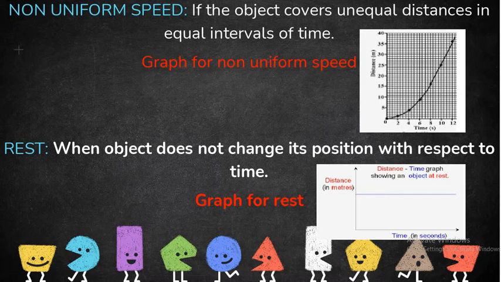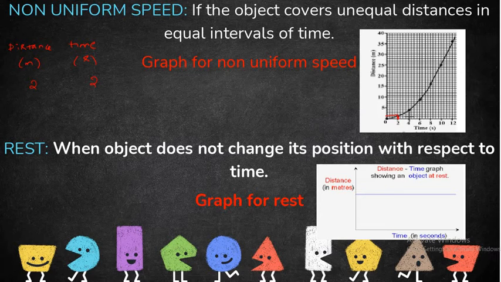See, from the graph itself you will get to know the distance value as well as the time value, right? I will take distance in terms of meter and time in terms of seconds. If I take this point, 2 seconds, what is the distance it has covered? It has covered nearly 2 meters.